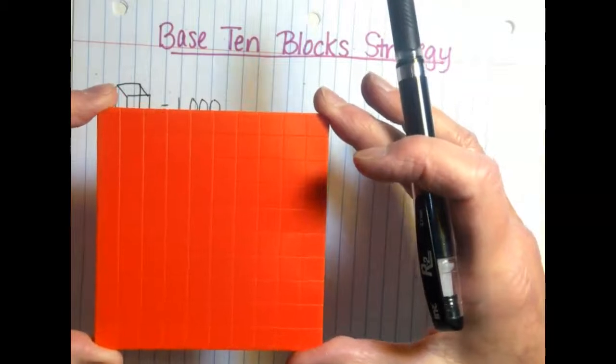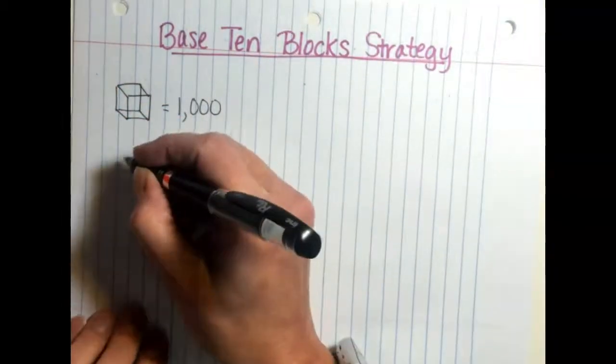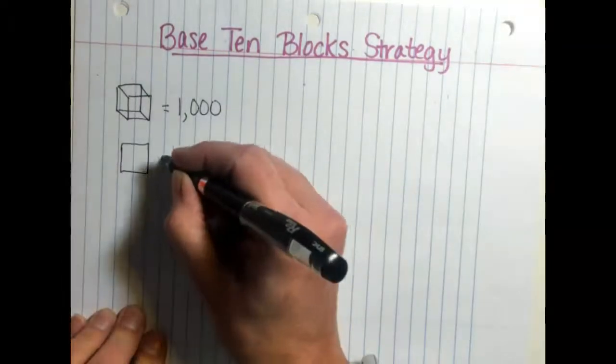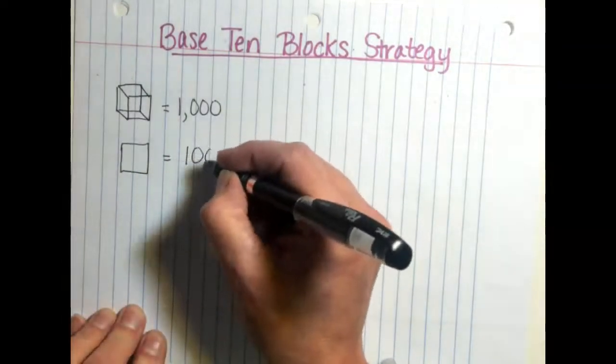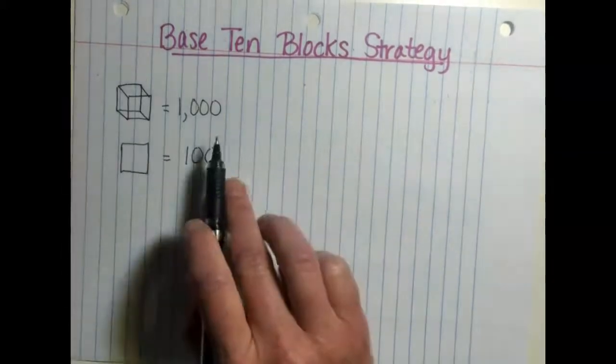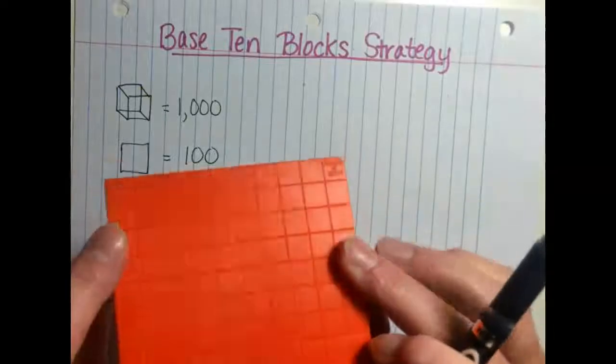What I normally do is tell students to just represent it with a little box like that, and that's going to be equal to 100. So we have a cube equals 1,000 and a flat, or a block, equal to 100.